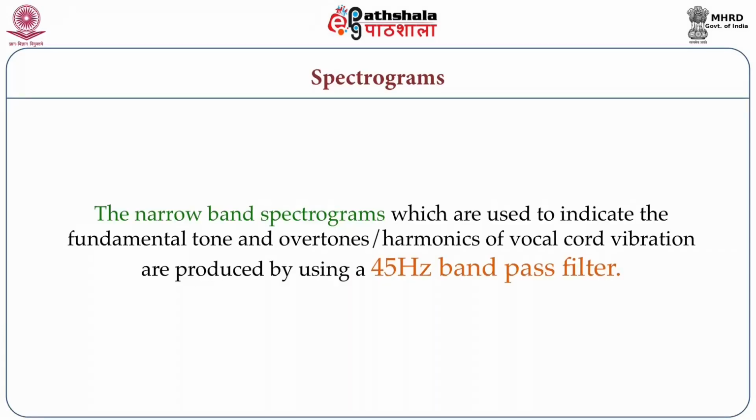If you choose a narrowband, something like 45 to 50 hertz as the filter, then it scans all the frequencies very narrowly, very closely, and what you get is a narrowband spectrogram, and through this you can identify the fundamental tone and the harmonics.